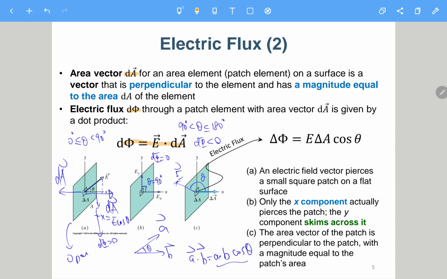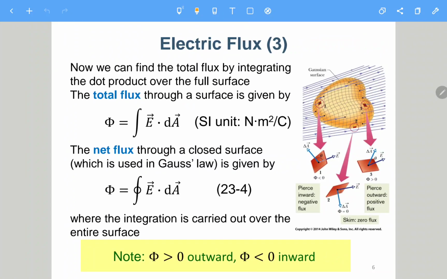Then we can regard every piece as a plane. Okay, so here we come back to the Gaussian surface or closed surface, just like a heart shape. Of course this is not a plane, but we can cut it into very small elements, and then every element can be regarded as a plane.